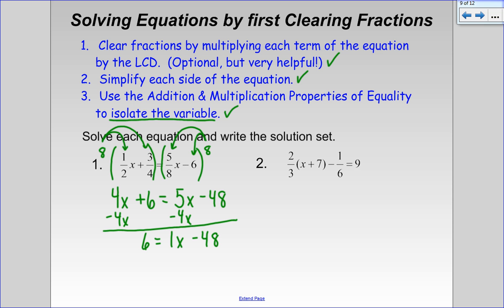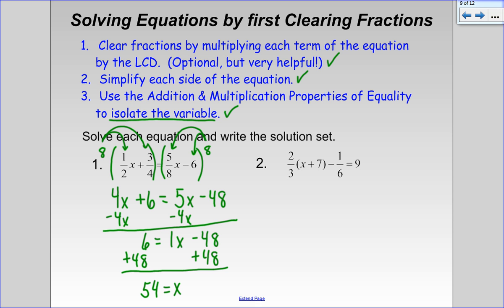Now we know that 1x is the same thing as x. So let's next isolate that x by adding 48 to both sides of the equation. And so I get 1x, or just x, equals 54.